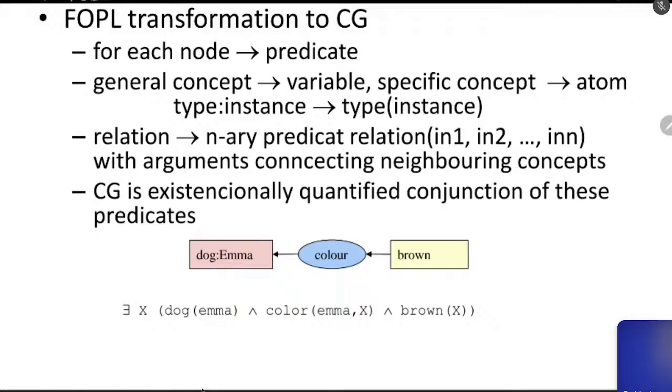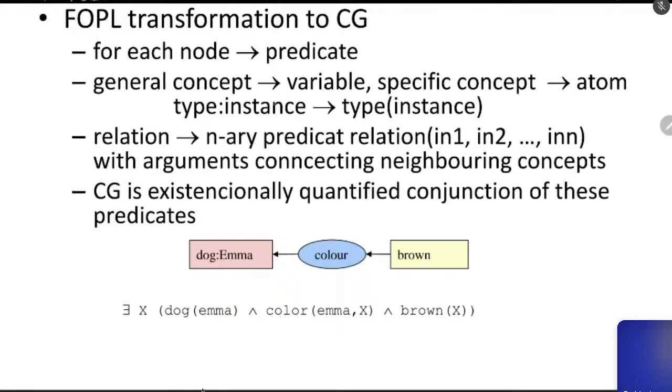In this, predicates are brown and dog. Color is also, see, node is of two types, right? It is either concept or relation. So here dog is a kind of concept, so it became a concept. Color is a kind of relation, so it became a relation. Brown is again a kind of concept, so it became a concept.